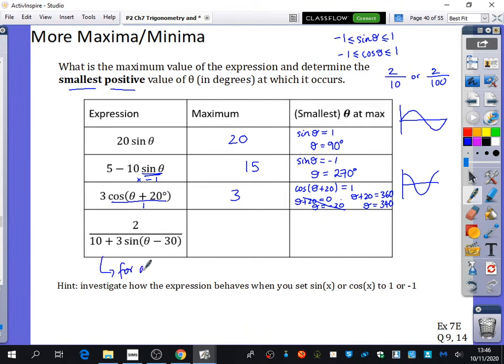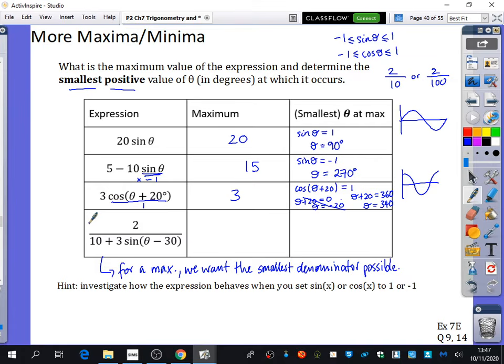For a maximum, we want the smallest denominator possible. For a maximum, we want the smallest denominator. That makes sense, right? So here, what's the smallest thing that this denominator can be? 7.